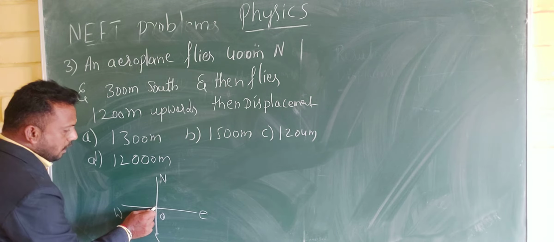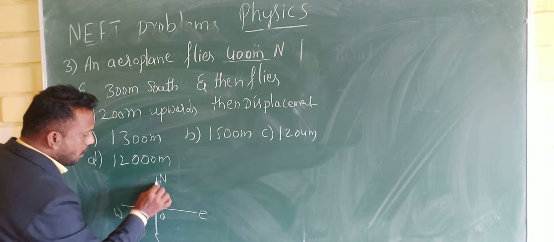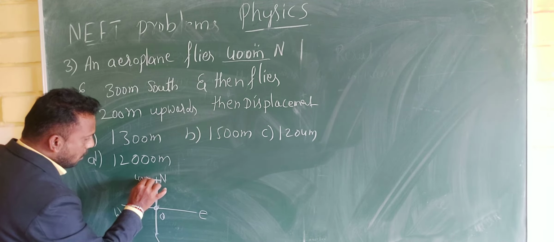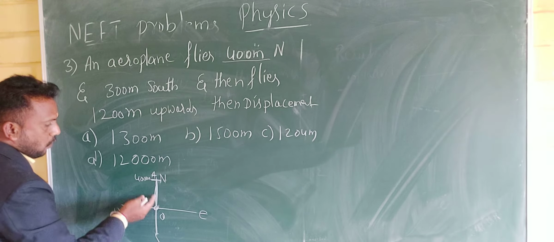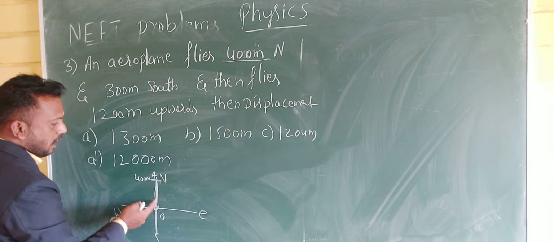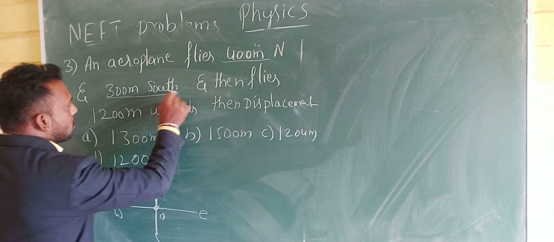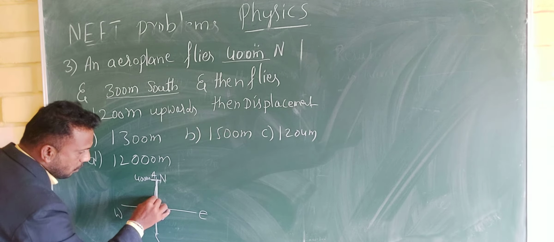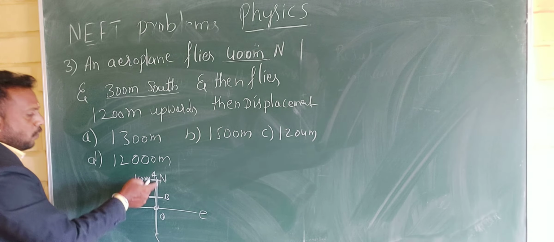From the origin, the aeroplane flies 400 meter north, from point O to point A. From this point, the aeroplane moves 300 meter south, to this point B.